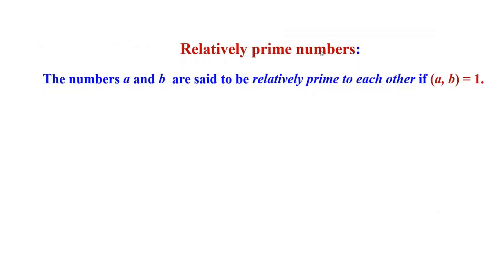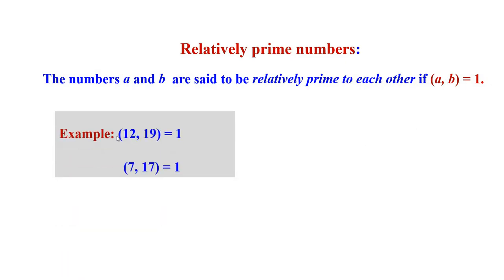Finally, when do we say that two numbers are relatively prime? The numbers A and B are said to be relatively prime to each other if the GCD is 1. For example, 12 and 19 have no common factor, so the GCD is 1.